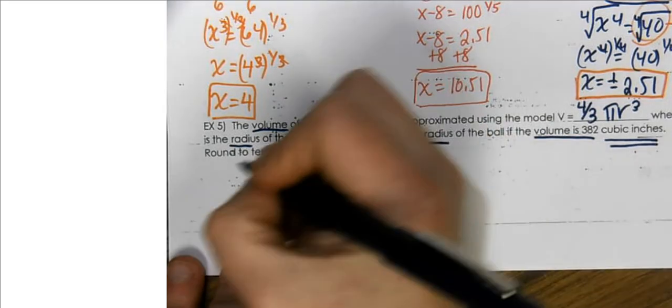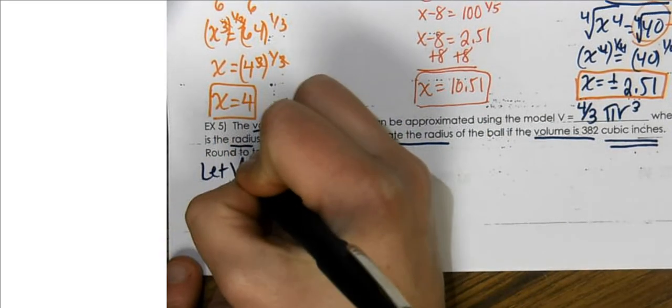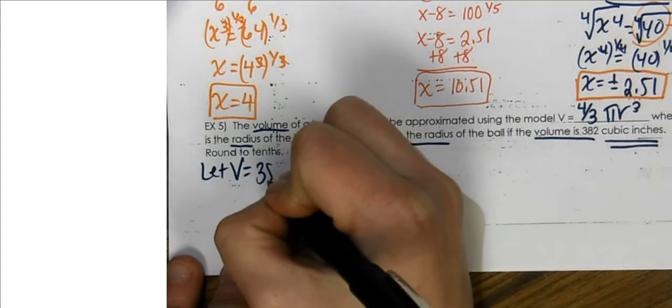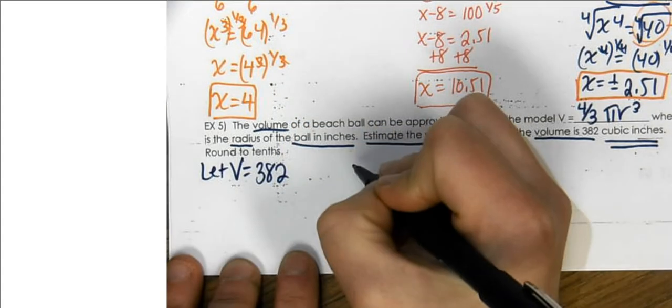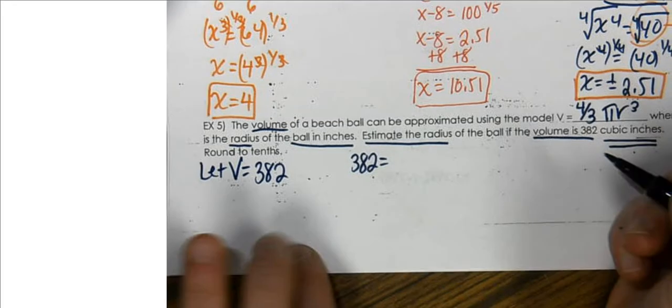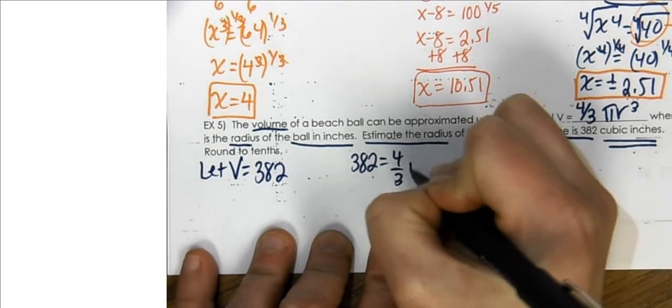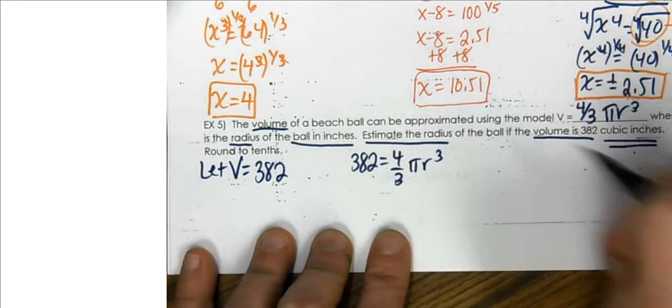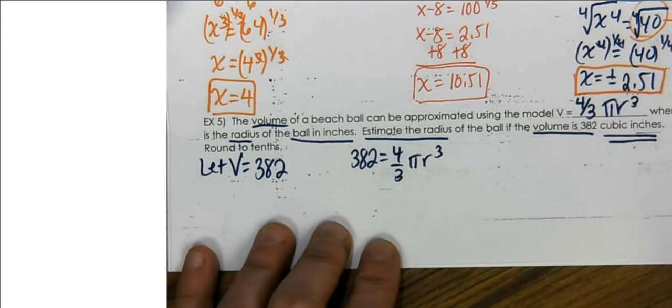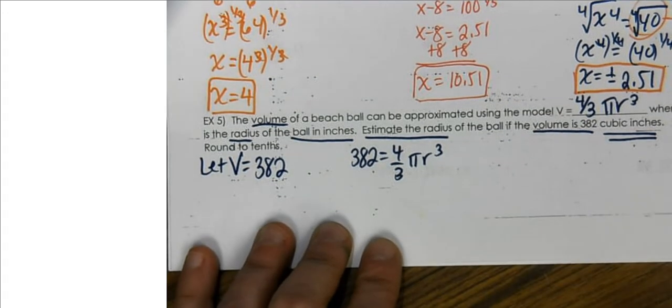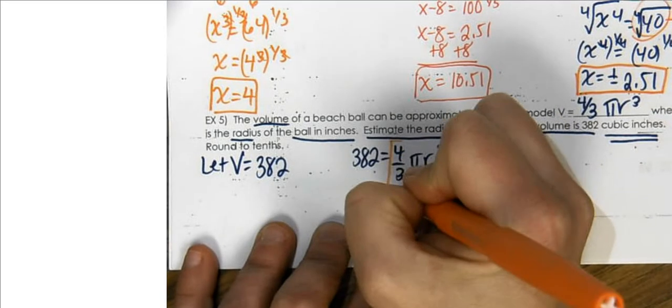So what I'm going to do is I'm going to let V equal 382. So I'm going to write 382 is equal to 4/3 pi r cubed. To solve this problem, I strongly recommend that you solve it in a couple of steps, and that's to avoid any issues.